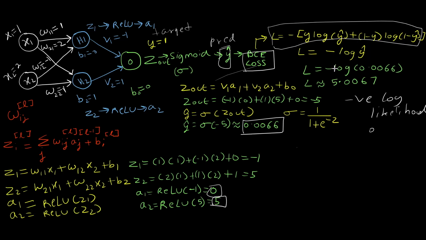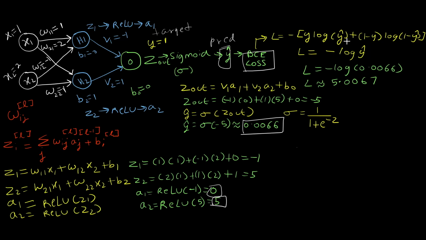So this acts like a switch. If the target output is 1, so if we have 1 here, this term would be cancelled out and the output will be just this one. If you put 1 here, this will go, so it should be minus log y cap.